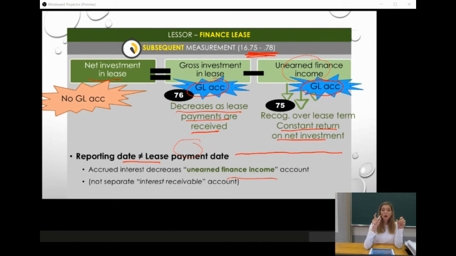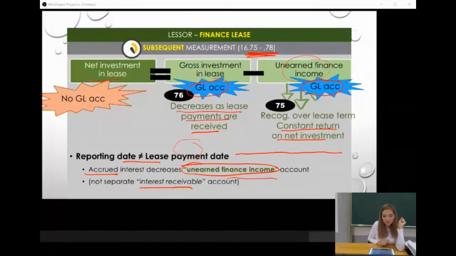It's the same thing here. Although we haven't received the lease payment yet, some of that interest has already been earned, and we have to accrue for it. We don't take it to a separate interest receivable account; we just release it from our unearned finance income account.